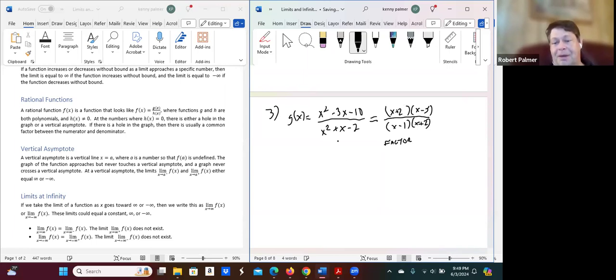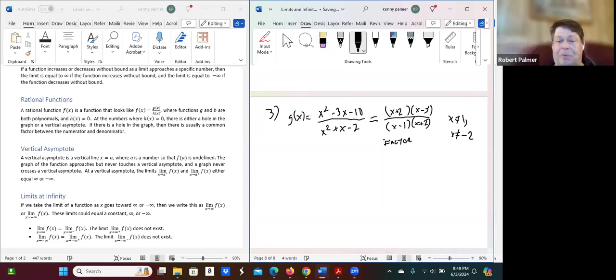Now, what we notice right away is that x can't be positive 1 and x can't be negative 2. That's true regardless of whatever the numerator is.